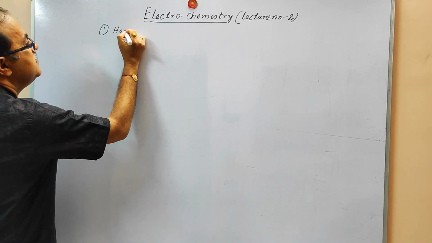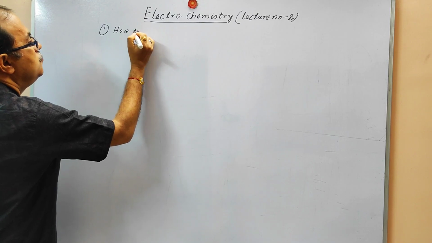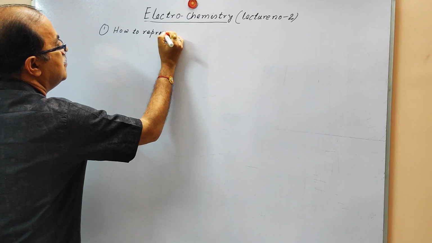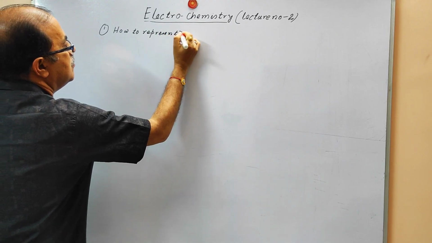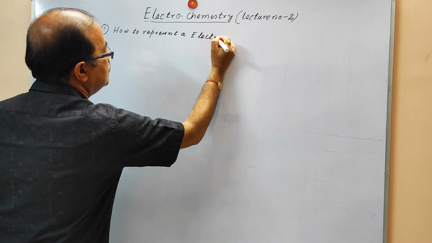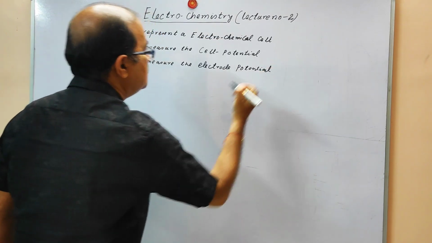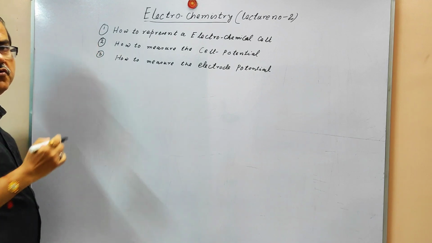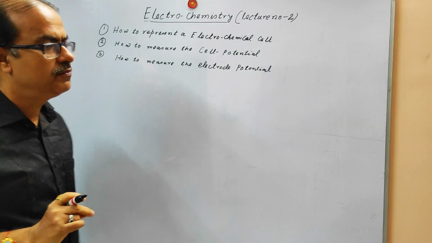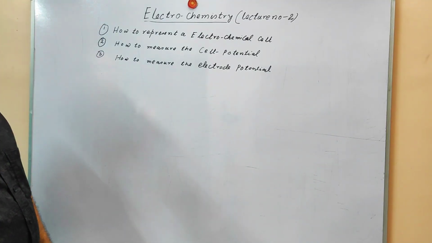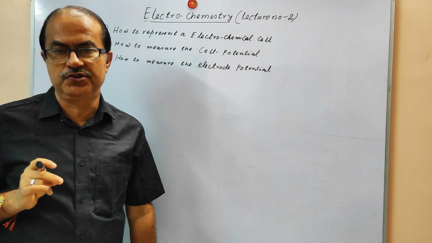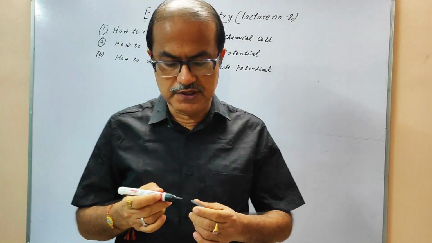First, we will discuss how to represent an electrochemical cell, number two, how to measure the cell potential, and number three, how to measure the electrode potential. The three things that we are going to discuss.